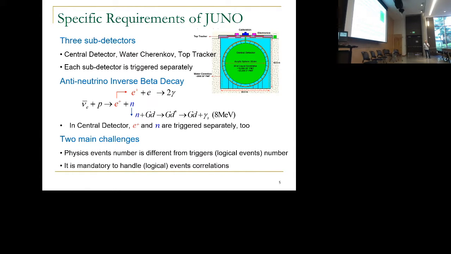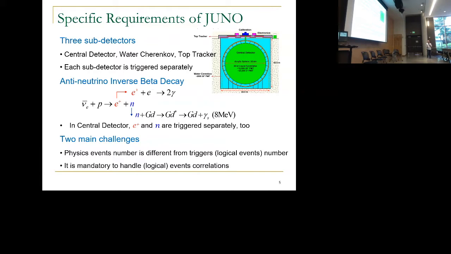And in the central detector, the neutrinos are detected via the anti-neutrino inverse beta decay. In this reaction, the positron and the neutron are triggered separately too.